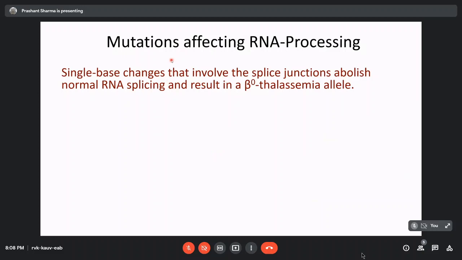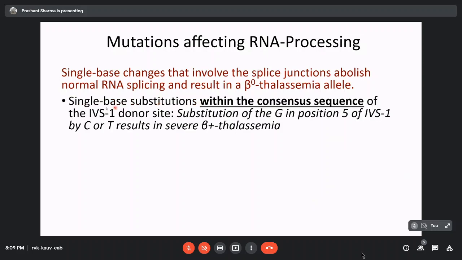So the common mechanism of beta thalassemia is mutations that affect RNA processing. These are single base changes that involve the splice junctions, and what they do is they abolish normal RNA splicing sites. And remember, we have a handful of splicing sites, and if they are not working okay, then almost certainly we are going to have a beta naught kind of mutation.